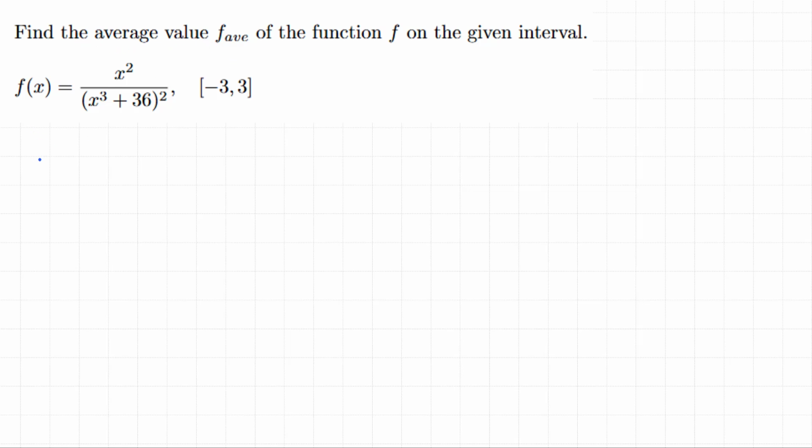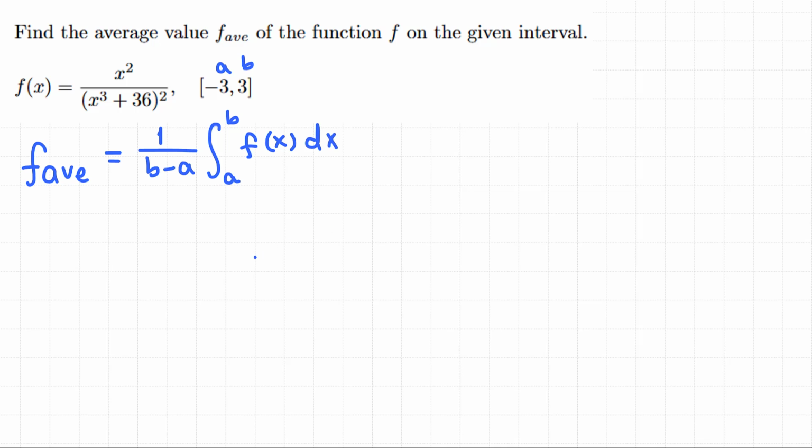So the average value, which is denoted by f, for the function f on this interval, which we can call a to b, is 1 over b minus a, times the definite integral from a to b of the function.